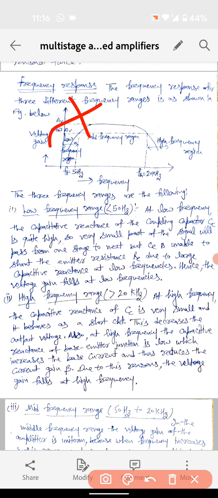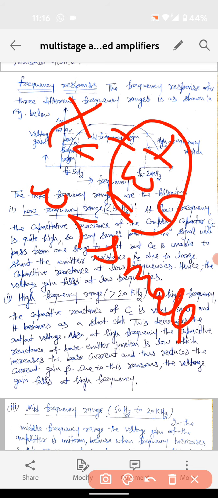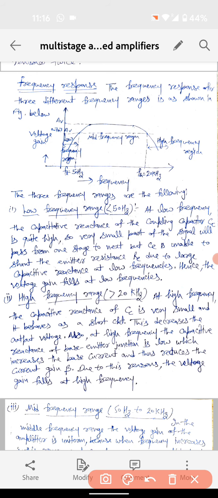How do we write capacitive reactance? Xc is equal to 1 by omega C. This omega is small, so corresponding to this small omega, 1 by omega C will be large. So the capacitive reactance will be quite high for frequencies much below 50 hertz. So in that case, what will happen?